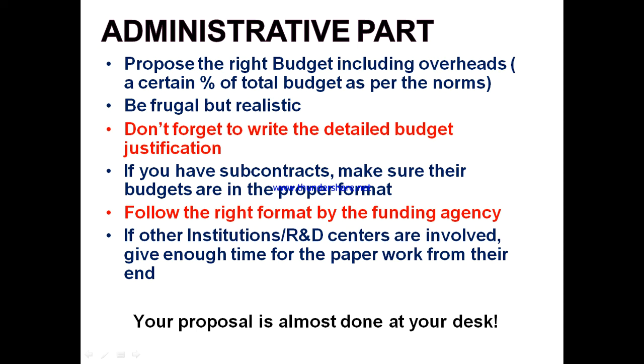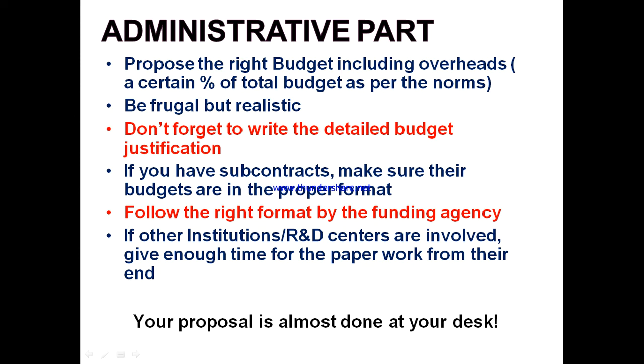A certain percent overhead means a certain percentage of the total budget as per the norms. So be frugal but realistic. Don't forget to write detailed budget justifications: what kind of equipment is required, and for the budget you have to give quotations and everything you need to include in your proposal.